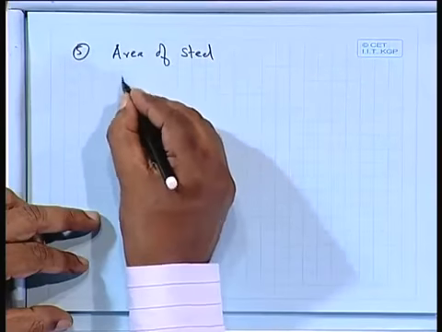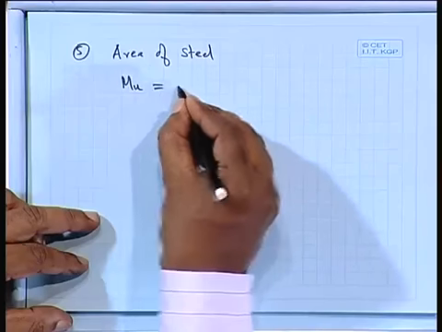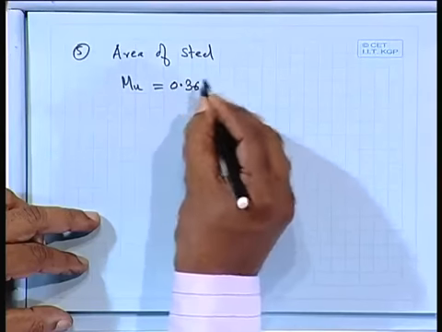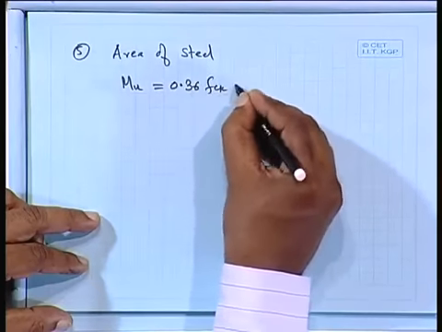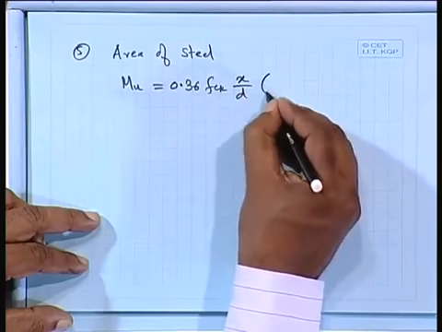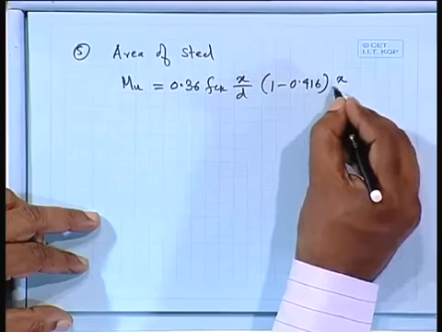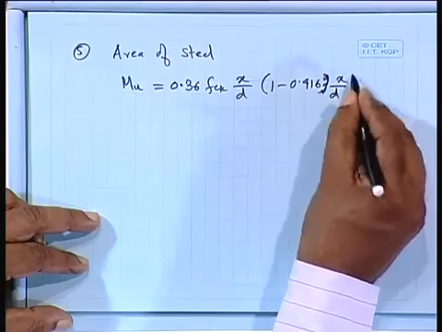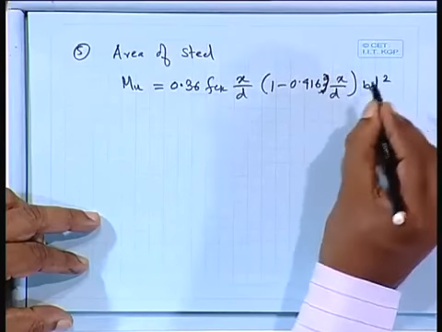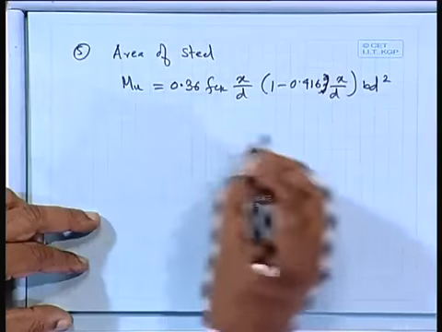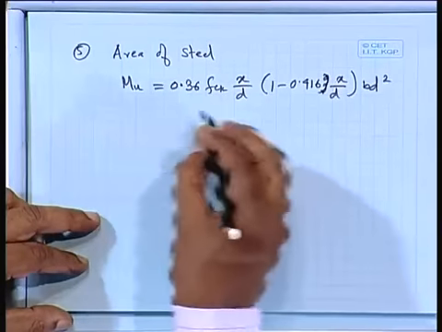So where from we shall provide? So you remember this one, 0.36 FCK x by D, 1 minus 0.416 x by D times B D square. This is the basic formula from where we have got it.